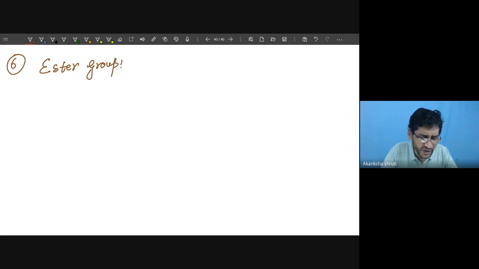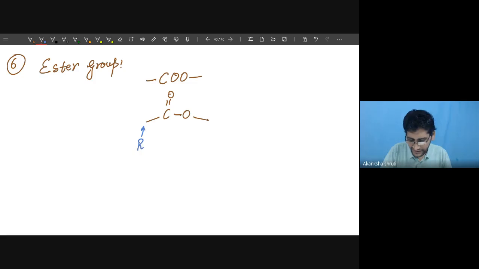So this ester group, COO, the ends are open to attach with any other carbon. Here on this side it could be any other alkyl, methyl or ethyl. But at none of the places should hydrogen be there.